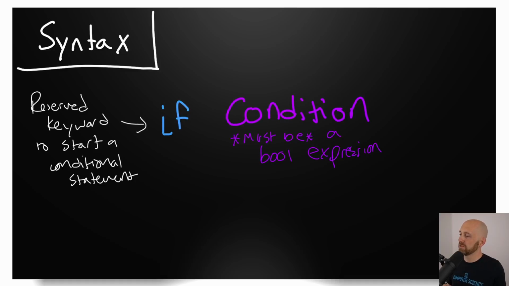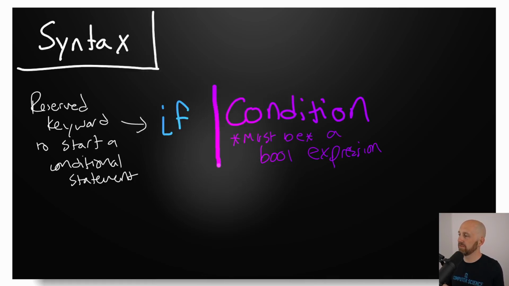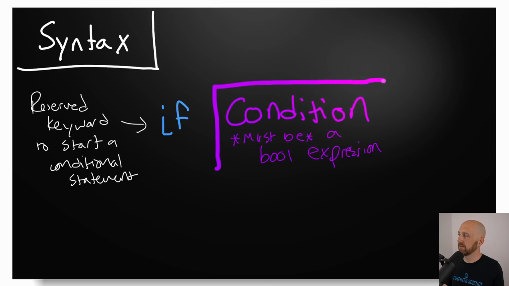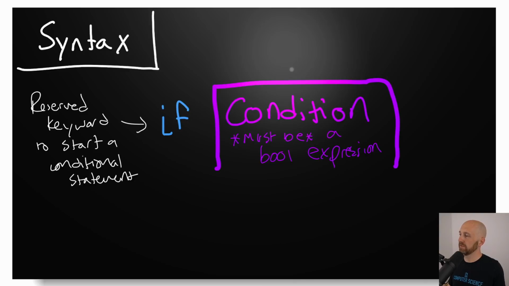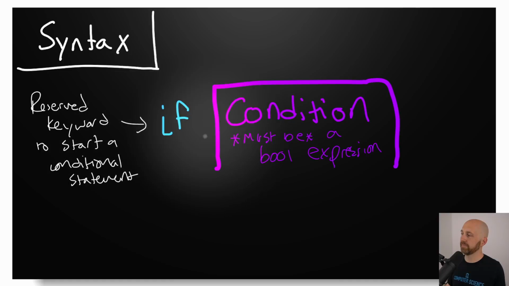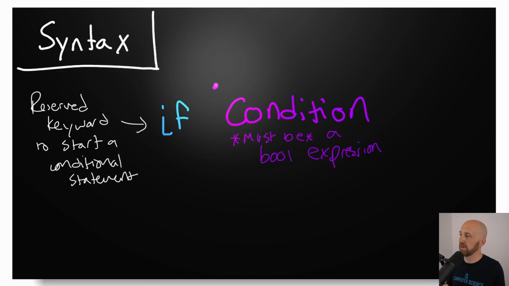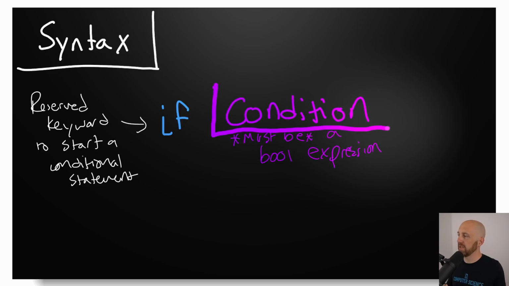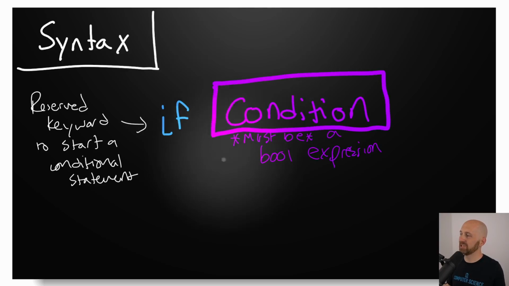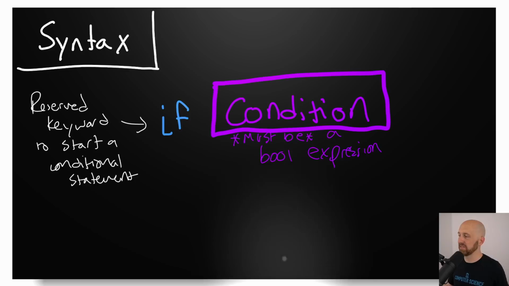All right. So I'm going to just draw a box around this, and let me make this a placeholder, right? You're going to fill in the condition with something that is specific to the test that you're performing. In our example, the condition is the guess equal to the secret, right? In your programs, you can write any kind of Boolean expression here.